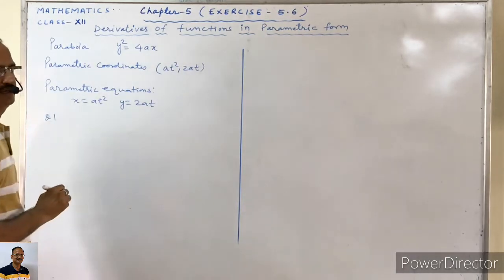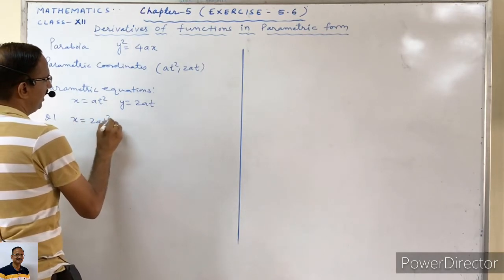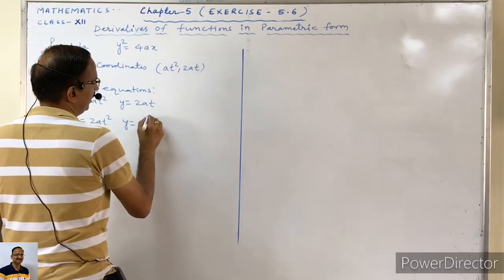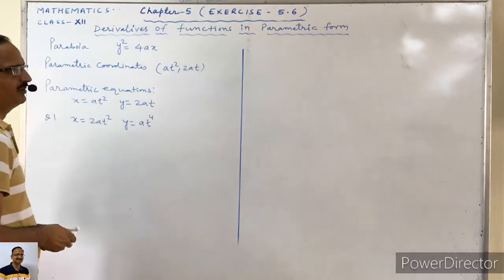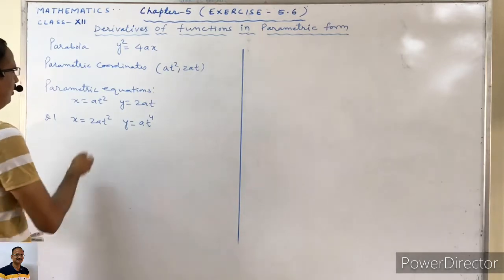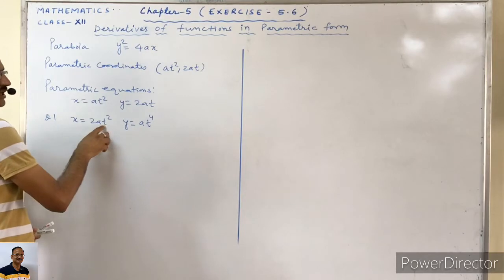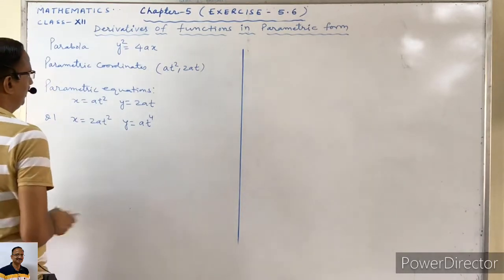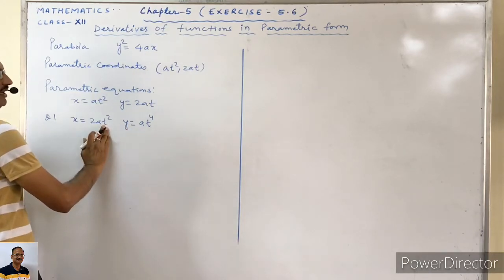In question number 1, x equals to 2at square and y equals to at raised to power 4. So we have to find dy by dx. Now look at these equations. In both the equations the parameter is t, or we can say that these are the equations with variable t.